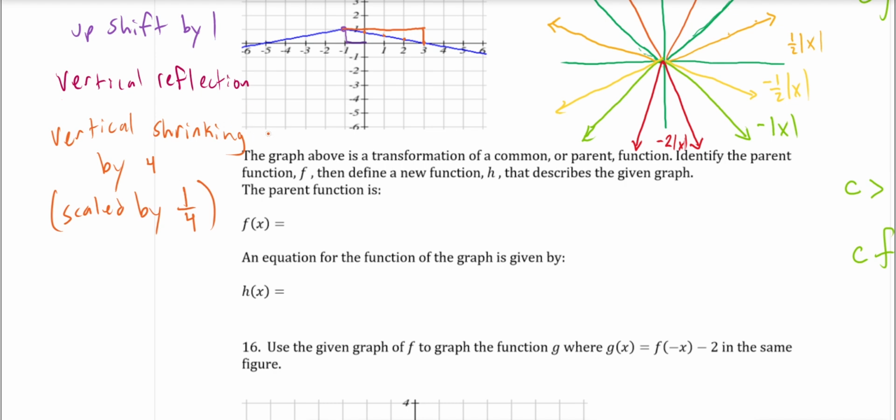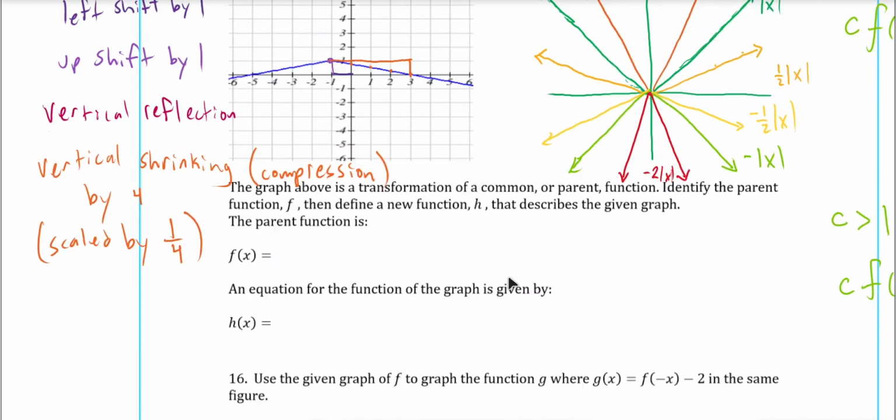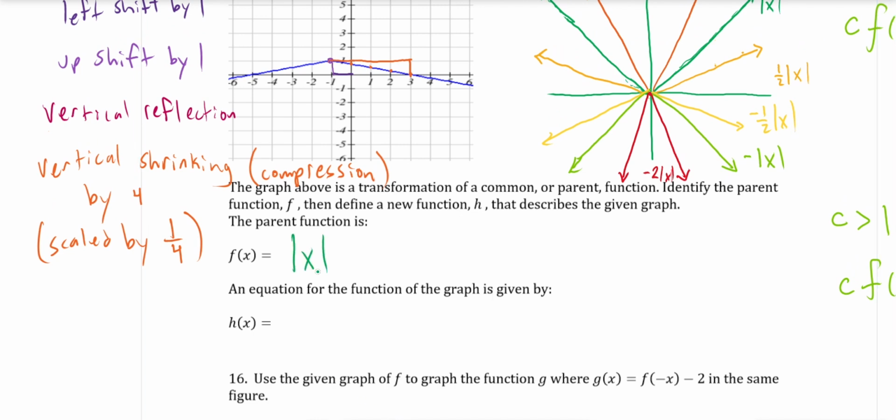By the way, another word for this vertical shrinking that I forgot to mention is compression. We would say this has been compressed or squished by a factor of 4. So what is the parent graph that I would use? I would use abs val of x. And then what am I going to do to absolute value of x to make sure that all of these transformations have gone on? Well, number one, it's experienced this reflection, so there's a minus sign that's going to multiply by this thing.